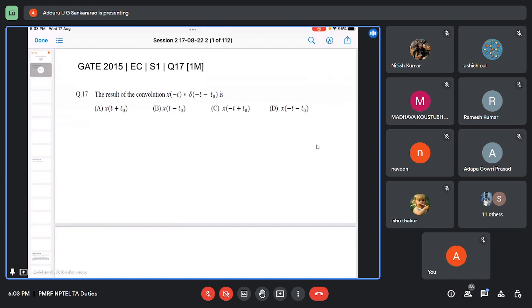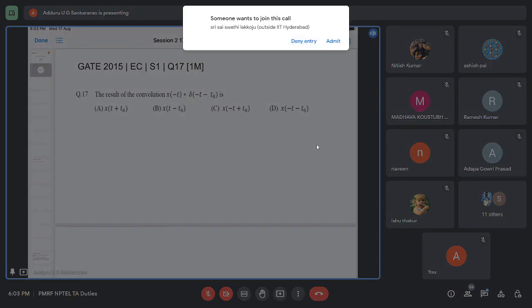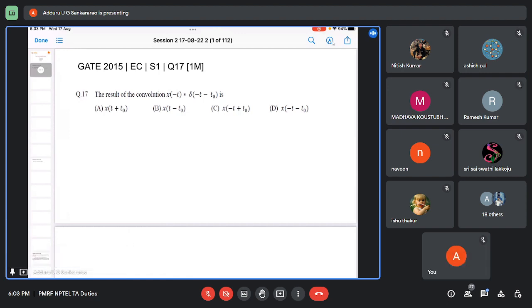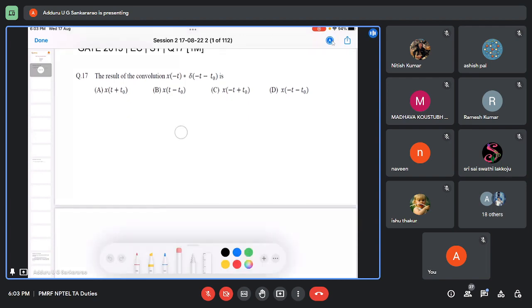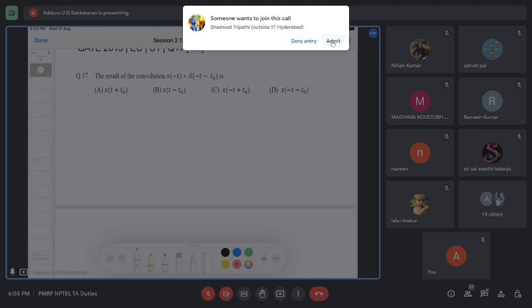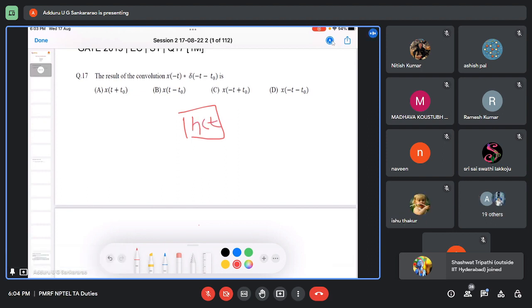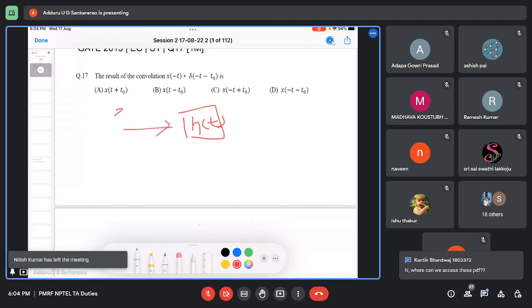This was given in GATE 2015 ECE in set 1 for 1 mark. The result of the convolution is given, and we need to find out the convolution of this. Generally when we use convolution, let us say you have one system, and you are giving an input signal x of t to a system h of t.